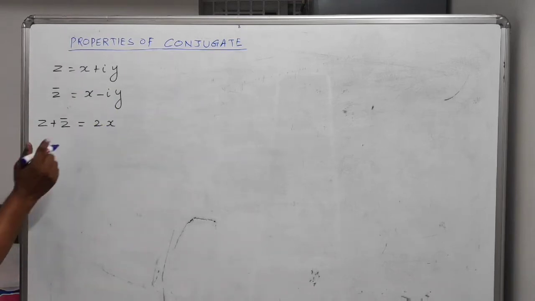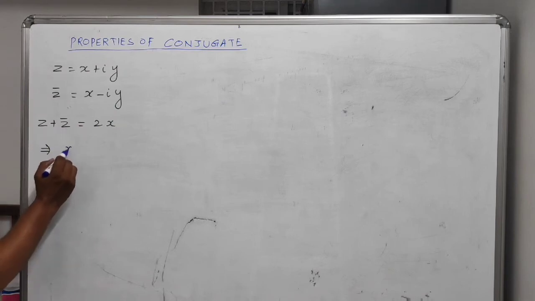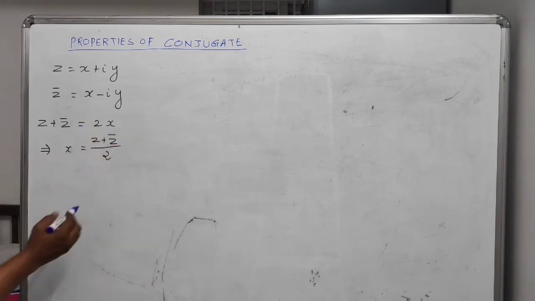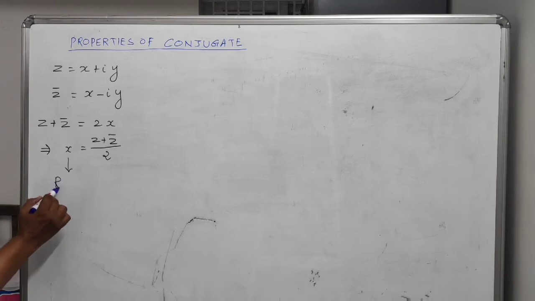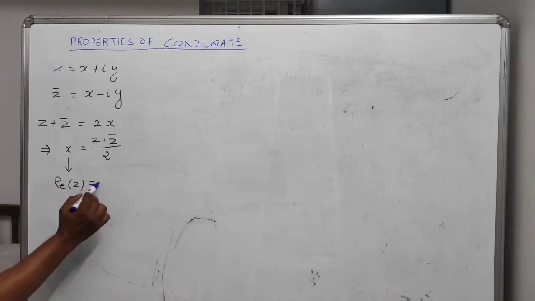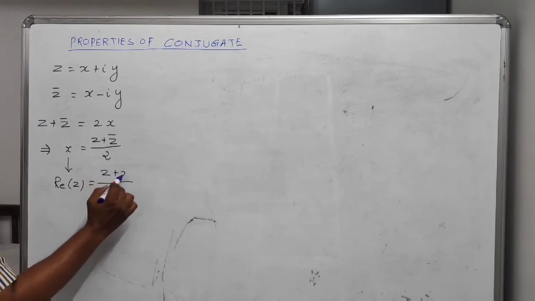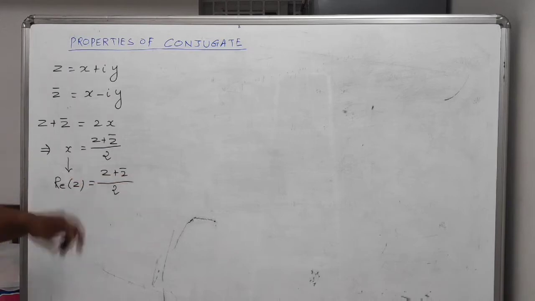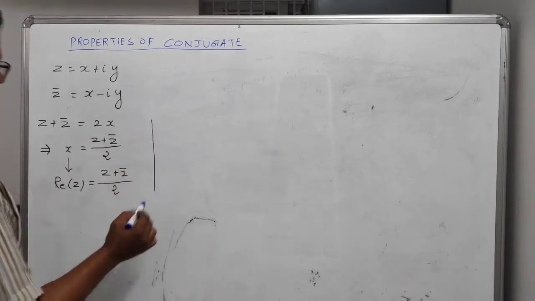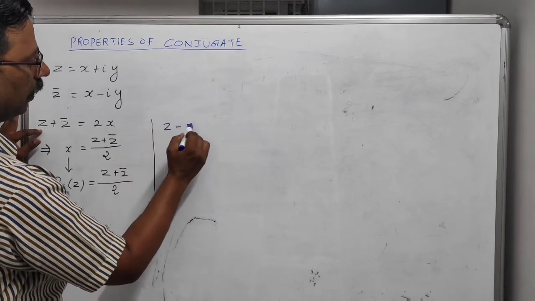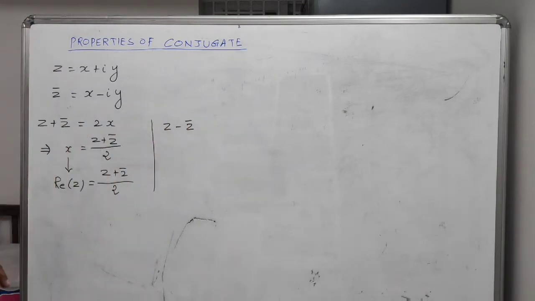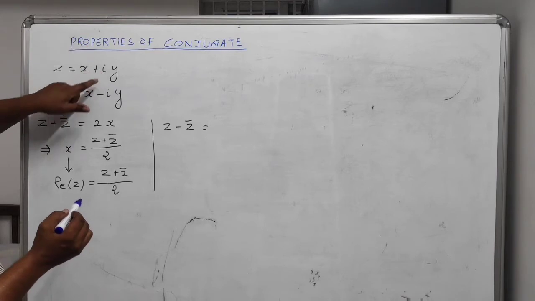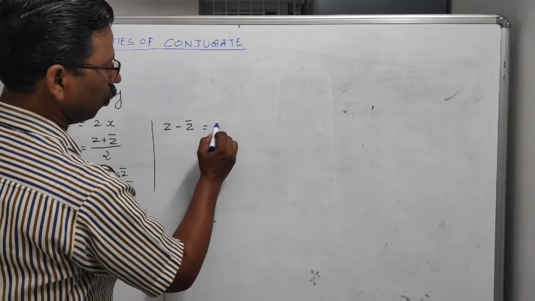From this, you try to find the x value. The x value is z plus z bar by 2. This x is nothing but the real part of z, which is equal to z plus z bar by 2. Likewise, instead of adding, you subtract, z minus z bar. Z minus z bar is equal to x minus x becomes 0, and iy minus of minus becomes plus, so you get 2 times iy.